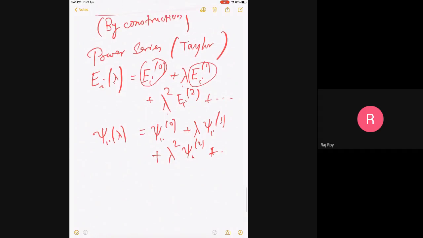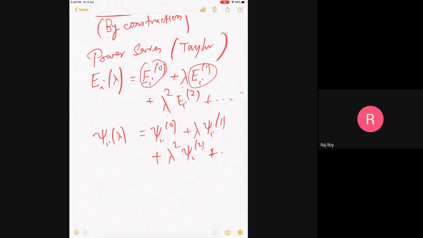Because they are power series, they are actually infinite order. Each of them is infinite order. I have written only up to quadratic. And I hope because of that, you will understand that these powers of lambda, lambda squared, etc., will eventually lead to the orders of perturbation when I look at the solution.